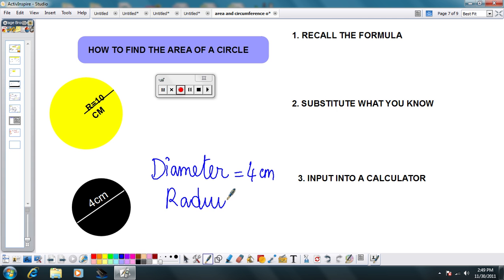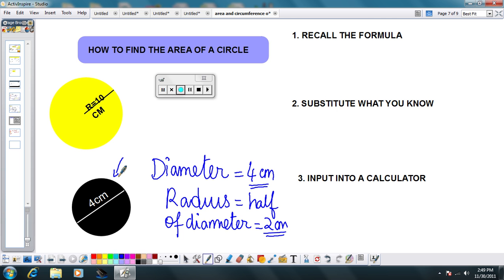Well, the radius is half of the diameter. The radius is equal to half of diameter, and you can easily find this because 4 divided by 2 is equal to 2 centimeters, and that's what we need. So whenever you have a diameter given to you, always divide it by 2 to find the radius.